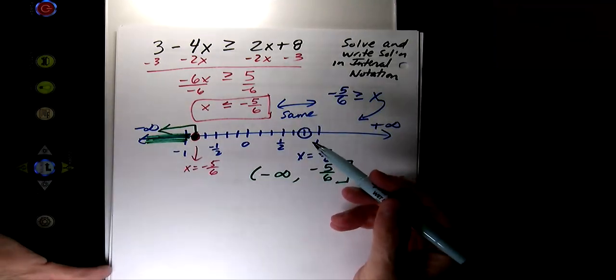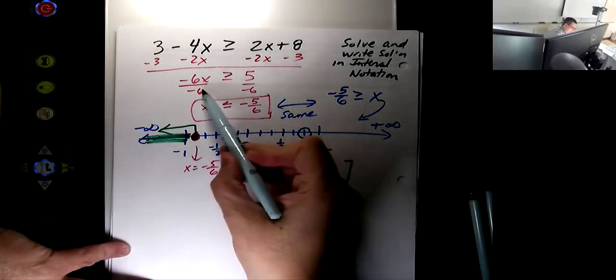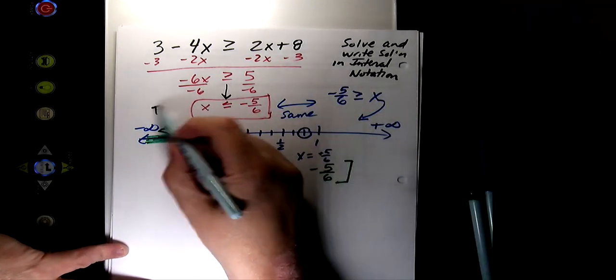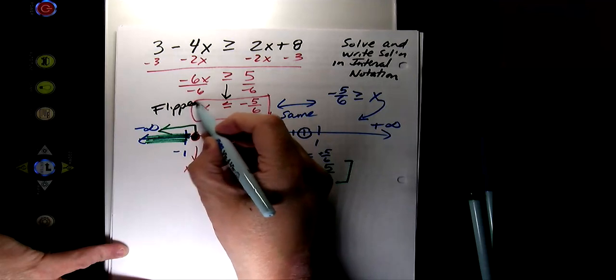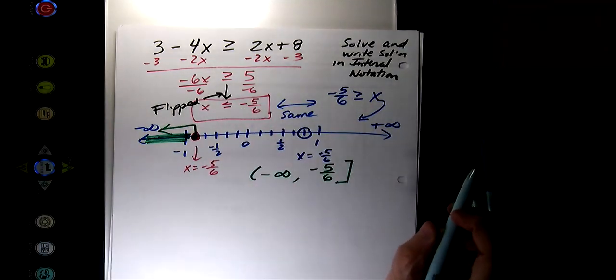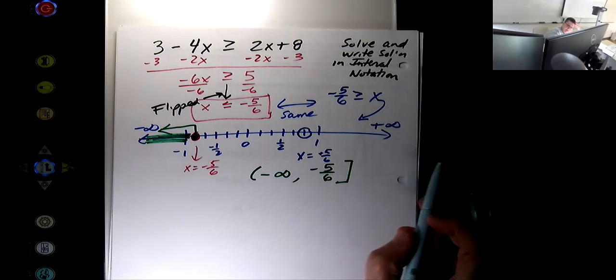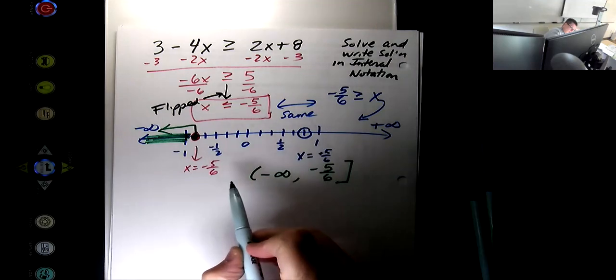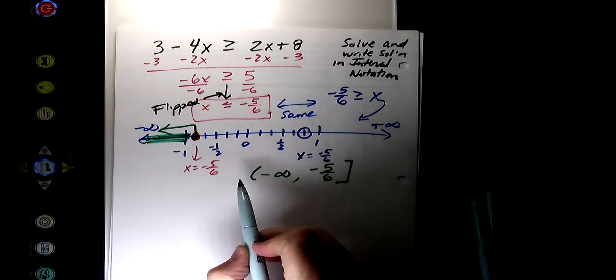When you divide by the -6, that's when it flipped. Yeah, but the line is going to the left, it's not going to the right. The arrow should be to the left, but the other one is pointing to the right.